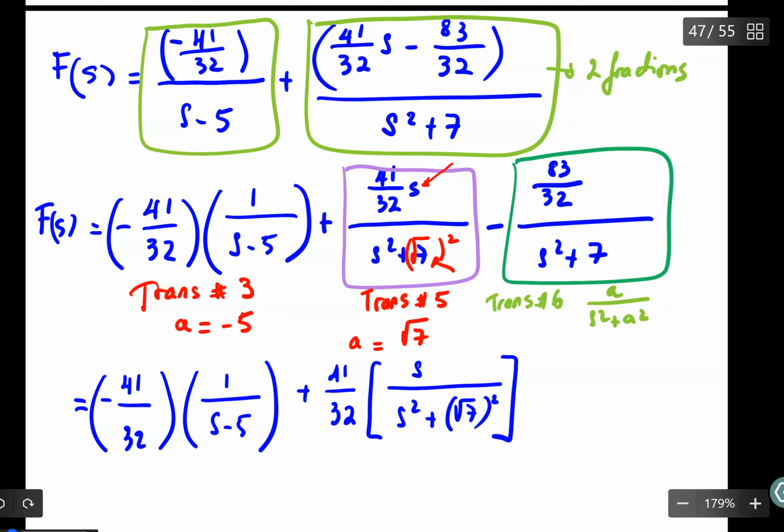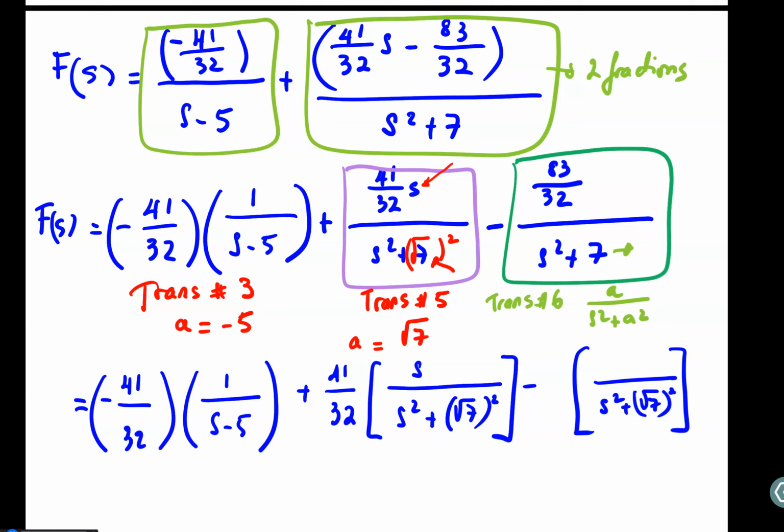So a squared in this case should be root 7 squared. So I will write s squared plus root 7 squared, and on top, I should have a. So right here, I should have root 7.